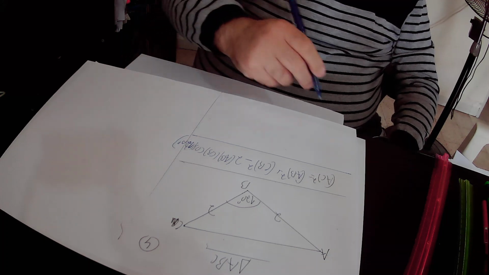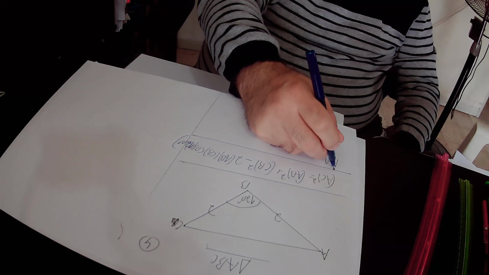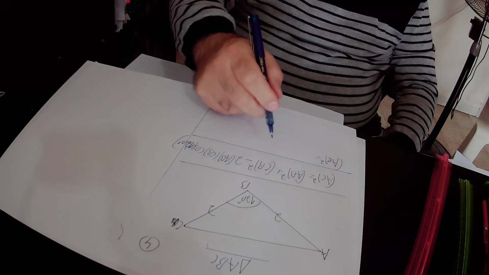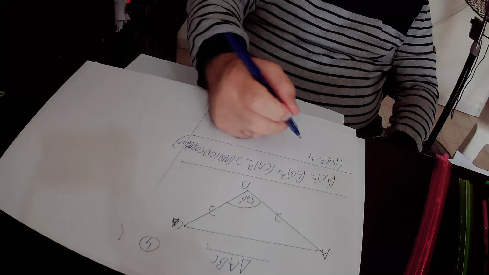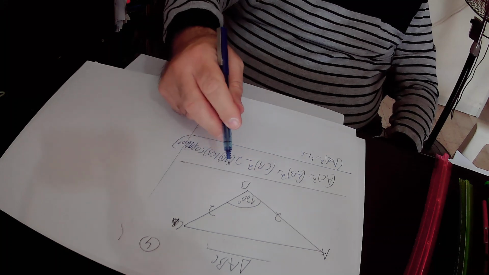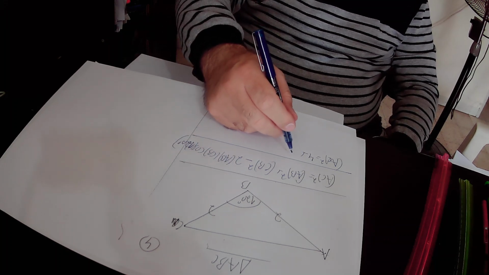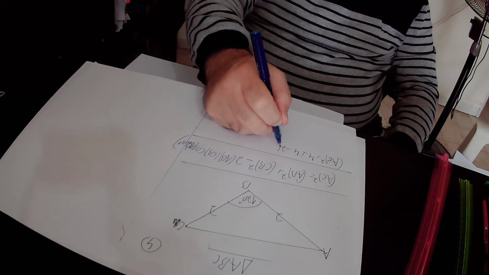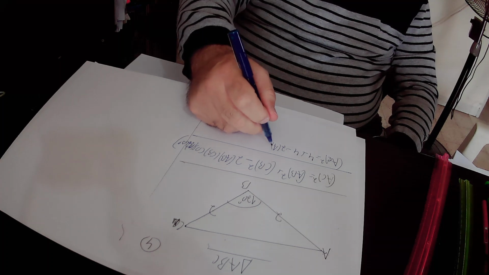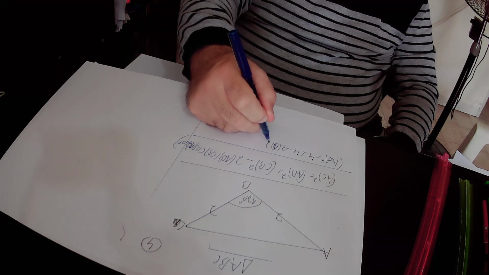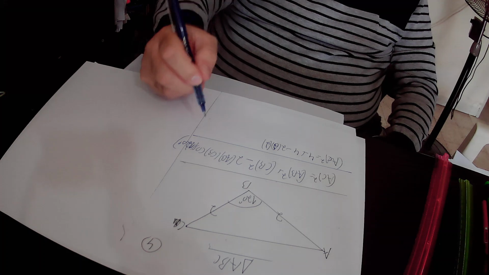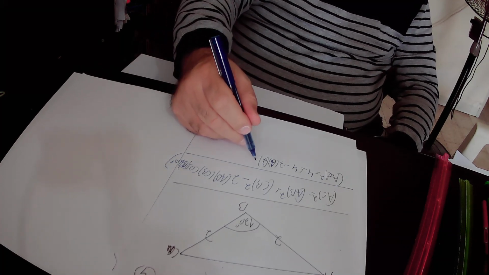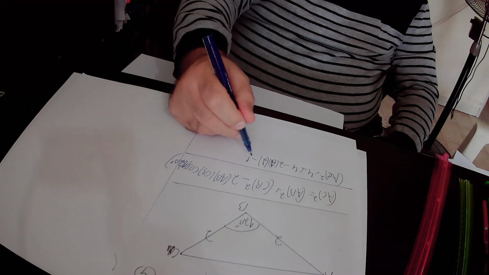Okay, so AC squared equals AB squared. AB is 2, therefore AB squared is 2 squared, that is 4, plus CB squared. CB is 2, therefore CB squared is 2 squared, that is 4, minus 2 times AB is 2, CB is also 2, times cosine 120 degrees. Cosine 120 degrees equals minus 1 half, so we substitute cosine 120 degrees by minus 1 half.